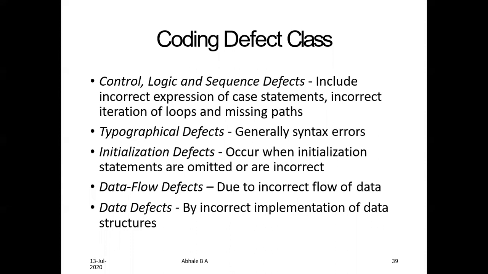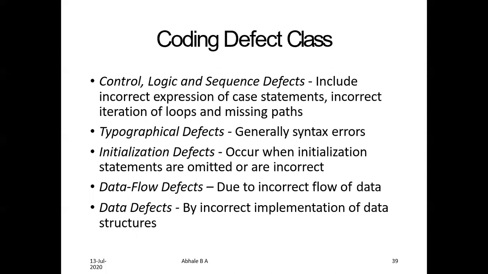So control logic sequence defects, I explained, include incorrect expression of case statement, incorrect iteration of loops and missing part. Then typing defects or typographical defects will generally be syntax errors. Initialization defects occur when initialization statements are omitted or incorrect. So whatever mistake you are doing in the programming language or program typing, same are the coding defects.